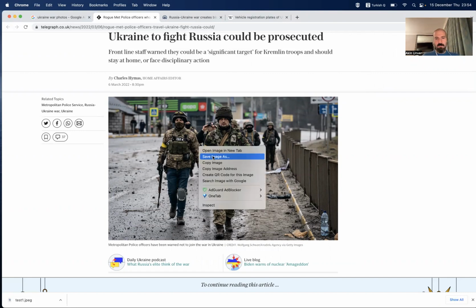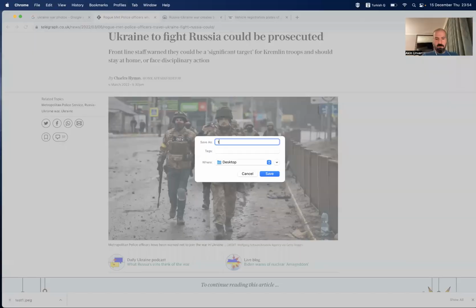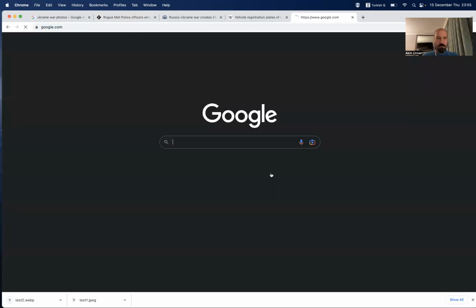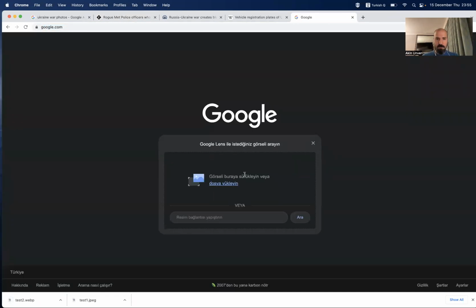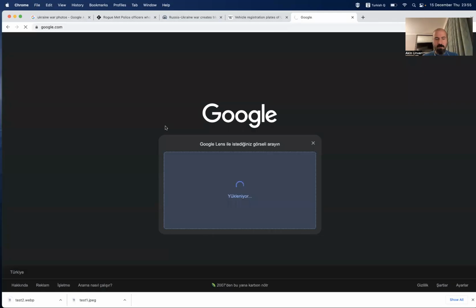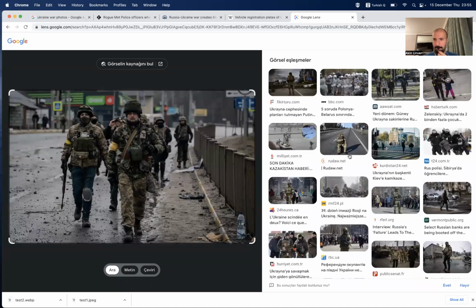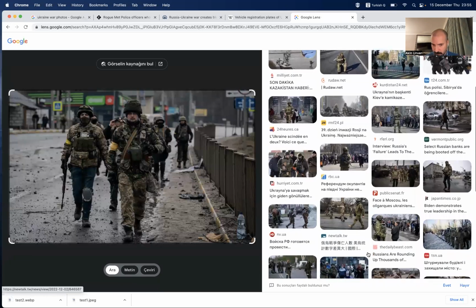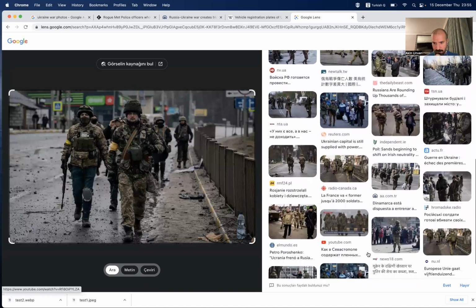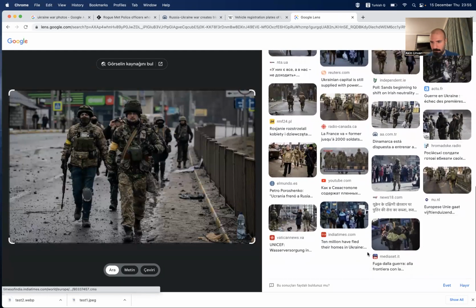So I'm saving this again as my test 2 image. And I'm going to go to Google again to do some reverse image search with the second guy. I got roughly the same images that I got for the first one, which is not much.